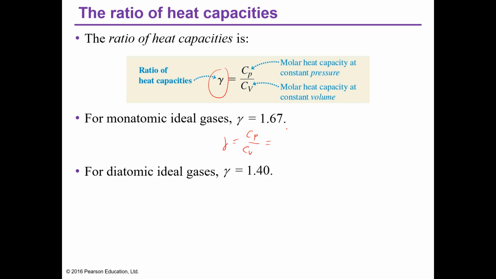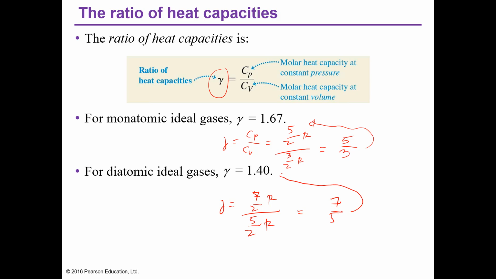Cp for a monatomic gas is 5 halves R, while Cv is 3 halves R. So this is equal to 5 over 3, which is equal to 1.67. For diatomic, Cp is 7 halves R divided by Cv, 5 halves R. This is equal to 7 over 5, which is equal to 1.40.